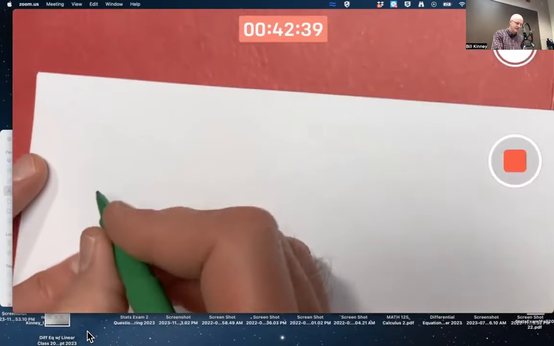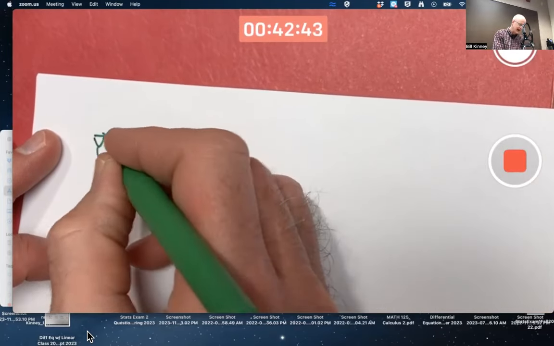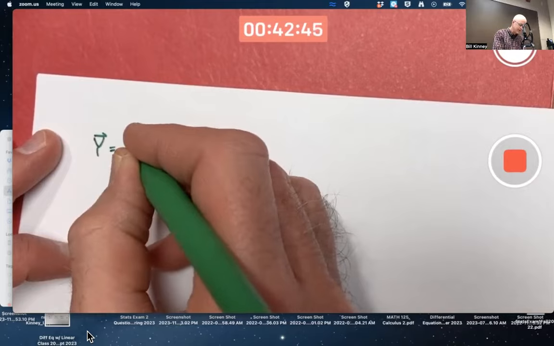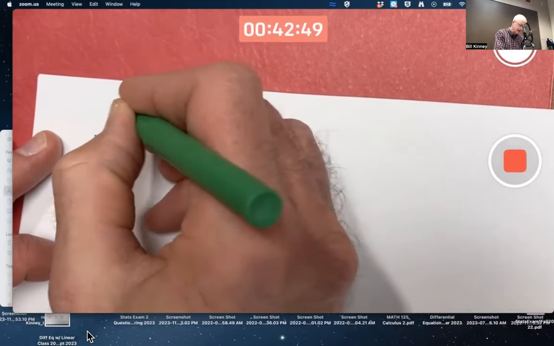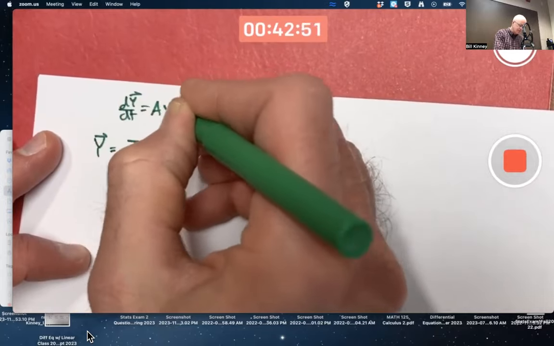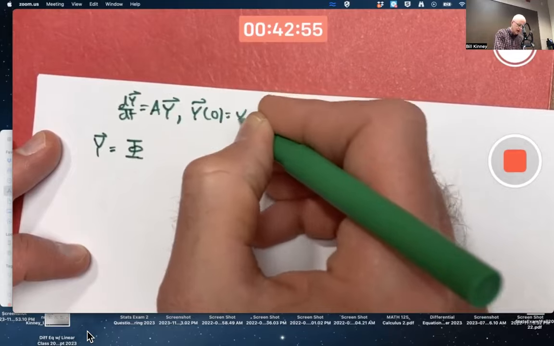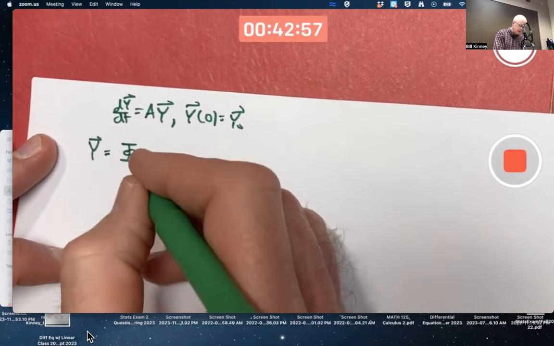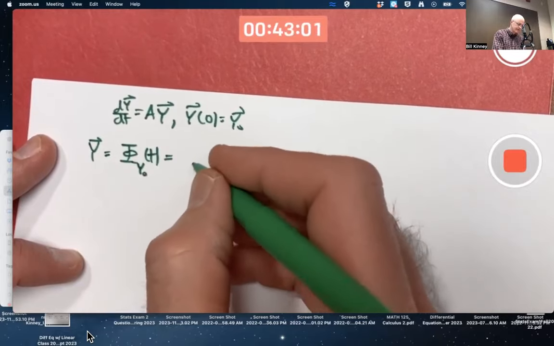So ultimately, the solution of the original system for the differential equation, say, with arbitrary initial condition y of 0 equals y naught, we can use the phi notation like this to emphasize it's a function of t.